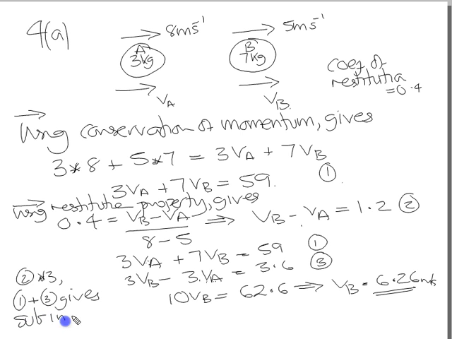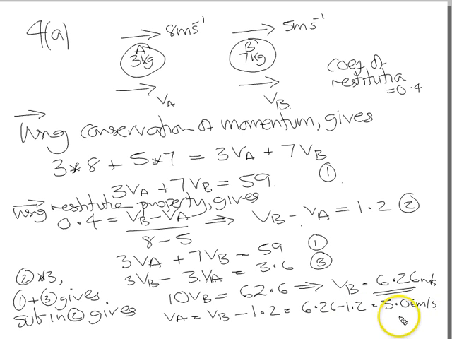VA will equal VB minus 1.2, which is 6.26 minus 1.2, which is 5.06 meters per second.